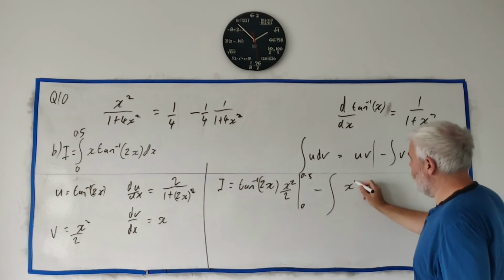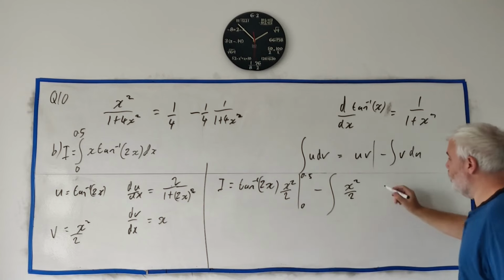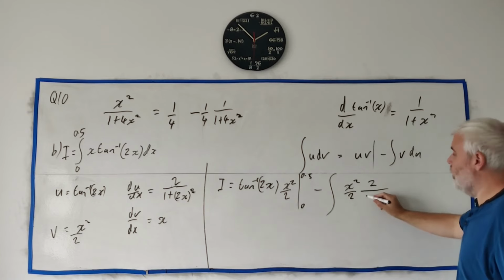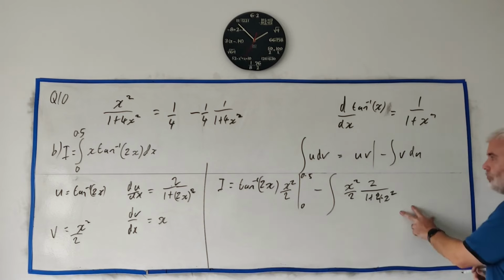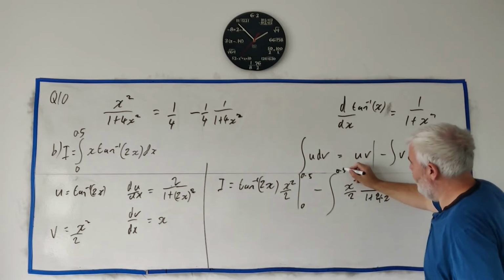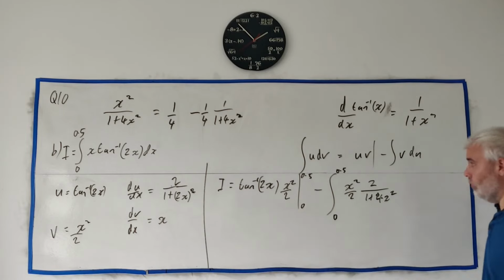So that would be x squared over 2 multiplied by 2 times 1 plus, let's see, 4x squared. And this is still between 0.5 and 0.